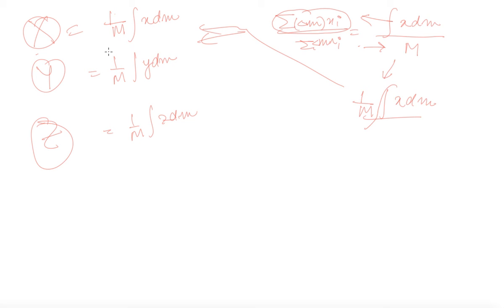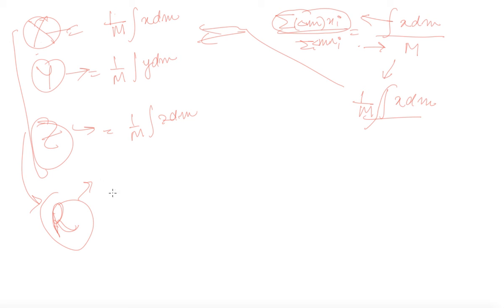So in this way you can understand. Now this is for x, this is for y, and this is for z. Now if I want to write the whole vector r, that is the whole center of mass, if I want to combine x, y and z, I'll take r over here.